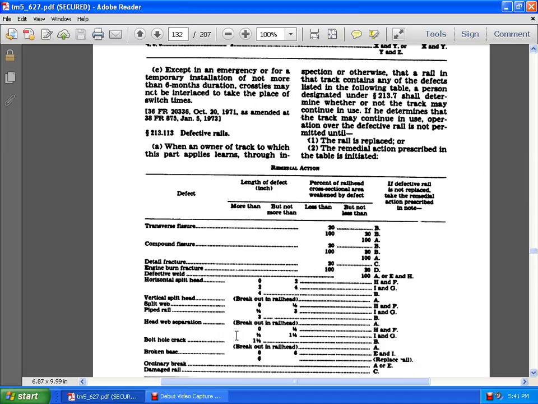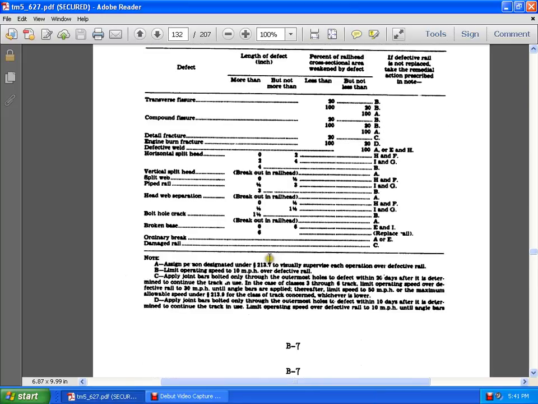Assign a person designated under 213.7 to visually supervise each operation, or apply joint bars bolted through the outermost holes to the defective rail. B: limit operation to 10 miles per hour over the defective rail until joint bars are applied and bolted through the outermost holes, within 30 days after it is determined, and continue the track in use.